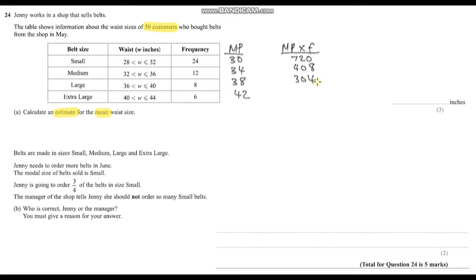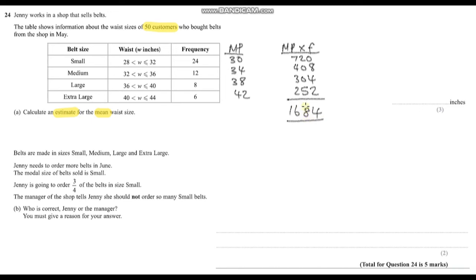And then 42 times 6 is 252. And now we just add them all up. So 720 plus 408 plus 304 plus 252. That gives us 1,684. Now what we've got here is the total waist measurements for everyone.